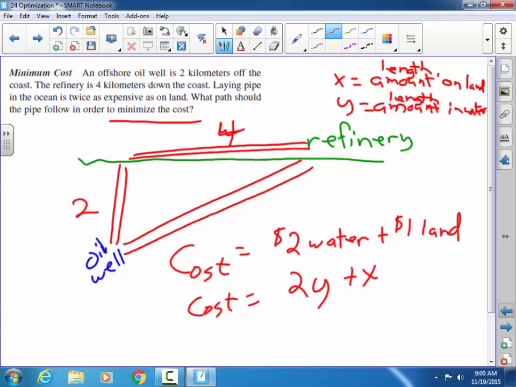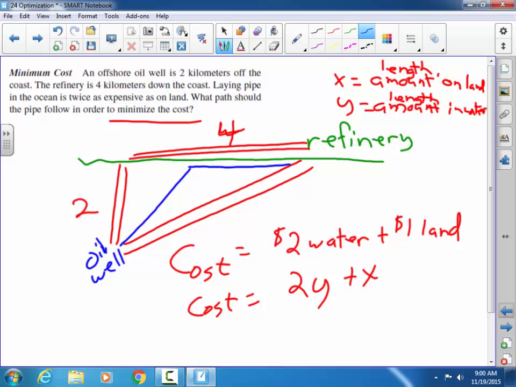Well, what's the relation? Yes, sir. Shouldn't x be the amount on land and then it just be 2x is the amount on water? No. X is how long the pipe is on land. Okay. And y is how long the pipe is in the water. There's only one.